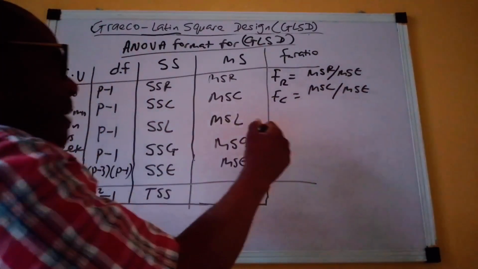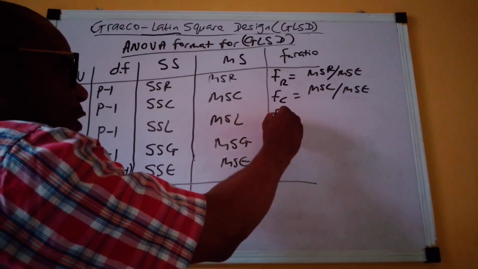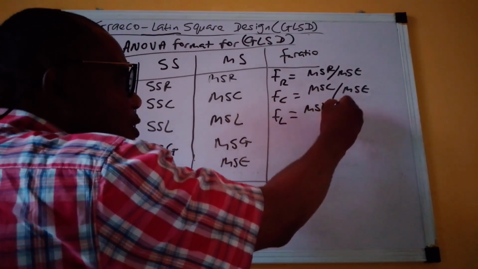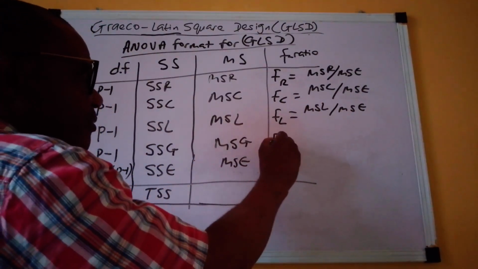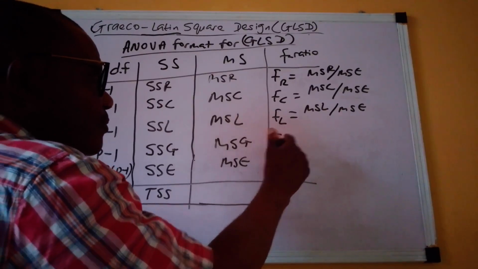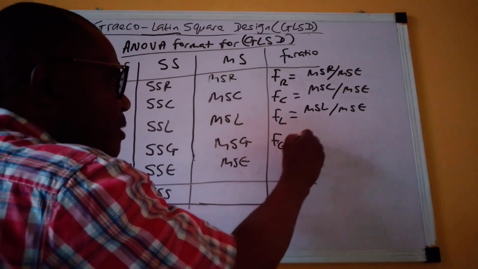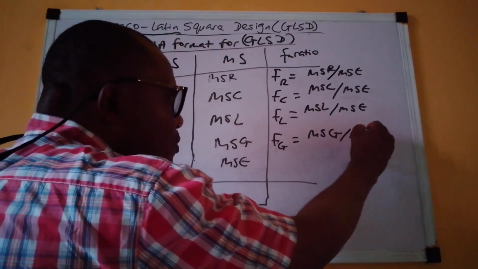You are dividing each of them by error. Then the F ratio for the Latin letters will be the mean sum of square for the Latin letters all over the mean sum of square for error. Then the F ratio for the Greek letters will be equal to the mean sum of square for the Greek letters divided by the mean sum of square for error.